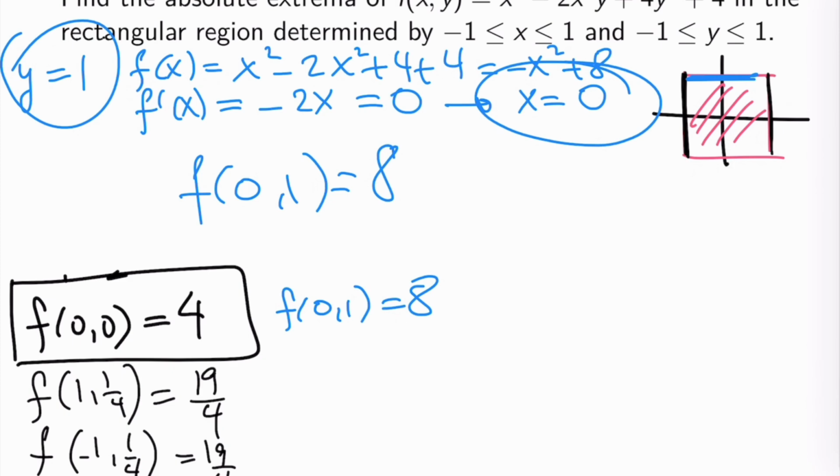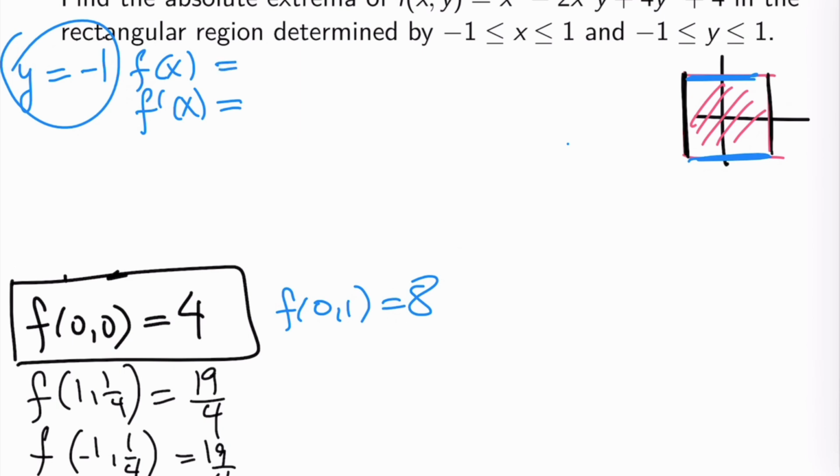Let's continue. The other segment here will be when y is equal to minus 1. So now let's substitute. When y is equal to minus 1, we get that the function is x squared plus 2x squared plus 4 plus 4, which makes 3x squared plus 8.